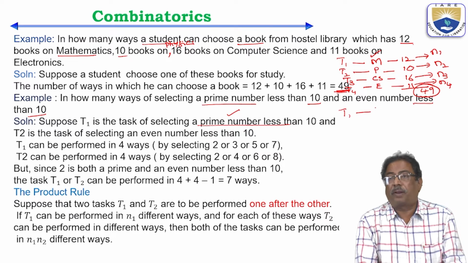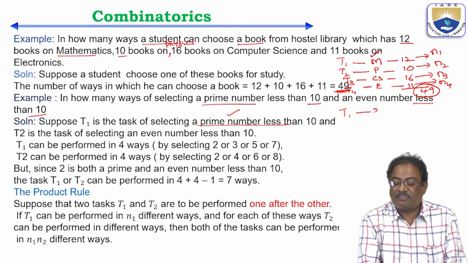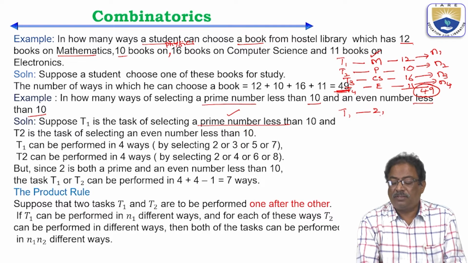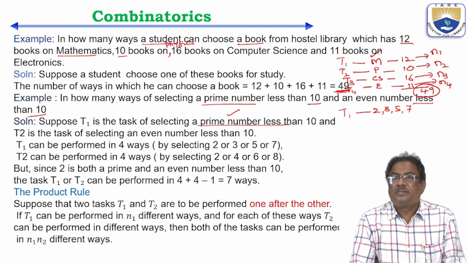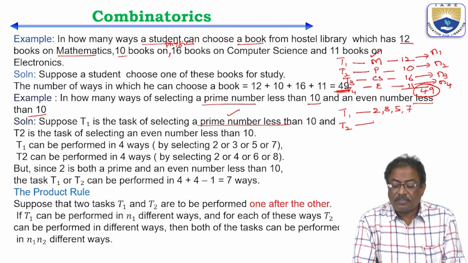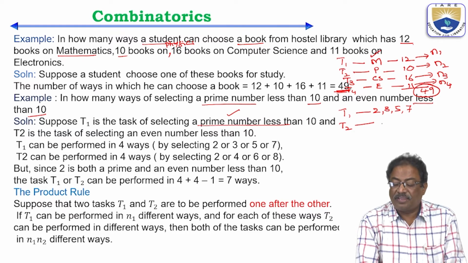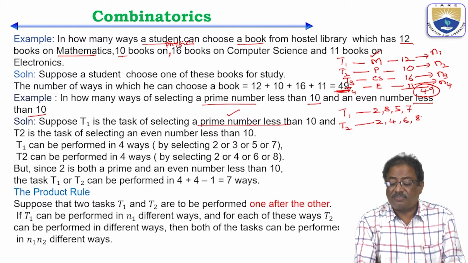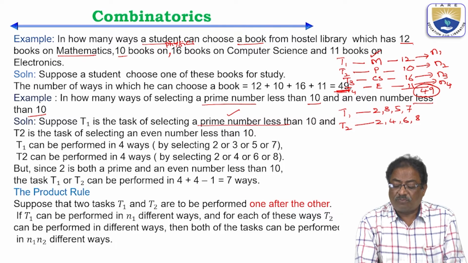How many prime numbers are there less than 10? 2 is one prime number, 3 is another, 5 is another, 7 is another. Then T2 is selecting an even number: 2 is even, 4 is even, 6 is even, 8 is even, less than 10. So there are 4 in number.